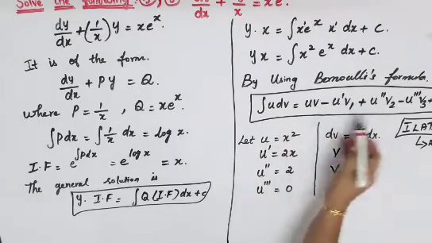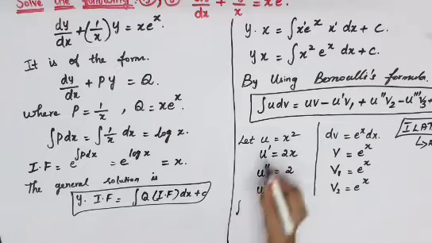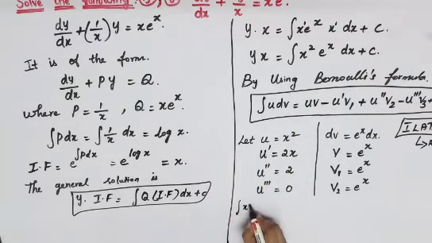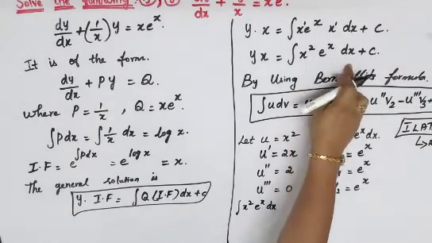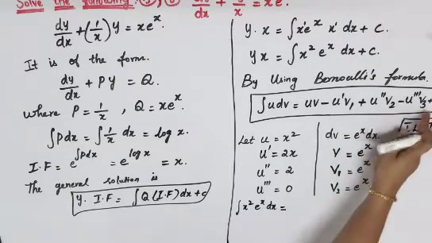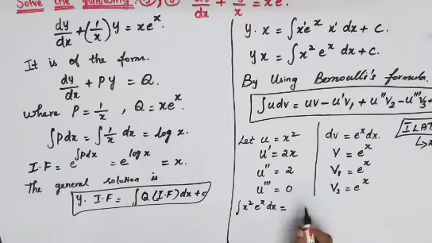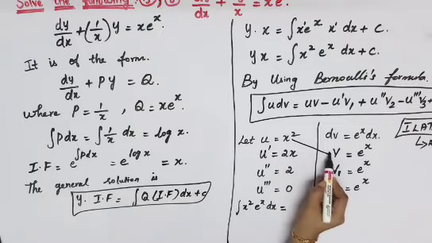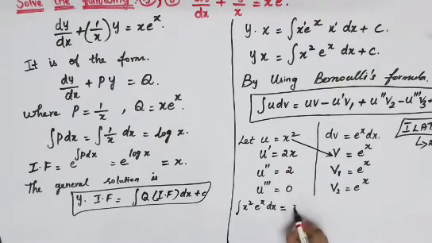We'll have to substitute in this formula. Integral of u, which is x square, dv, which is e power x into dx, is what we needed to find. So the left hand side is equal to, substituting everything in the formula, u and v combined, x square e power x.